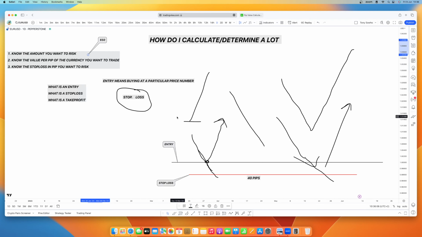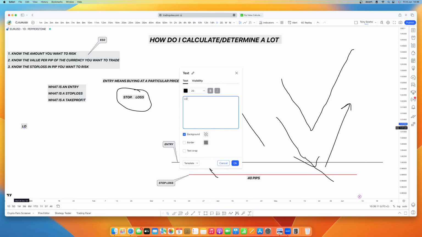In order to get your lot, it's going to be lot size equals 1 divided by 2 times 3.